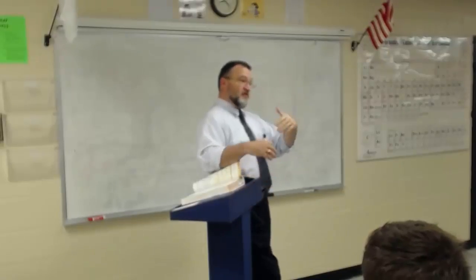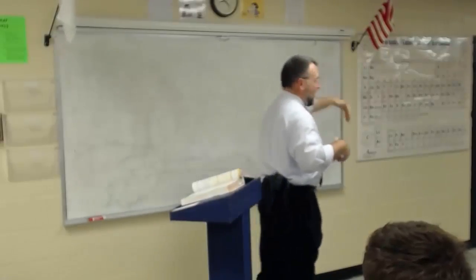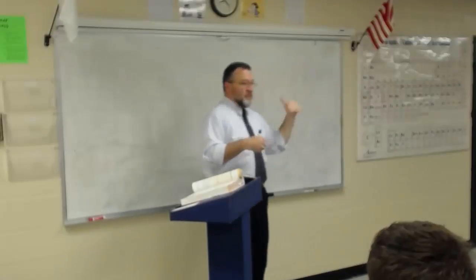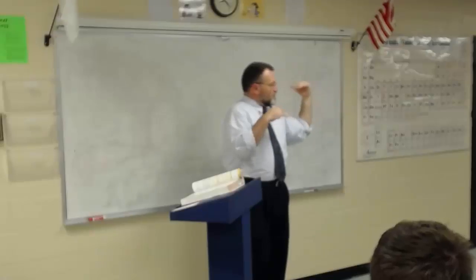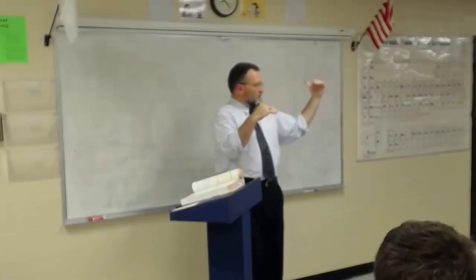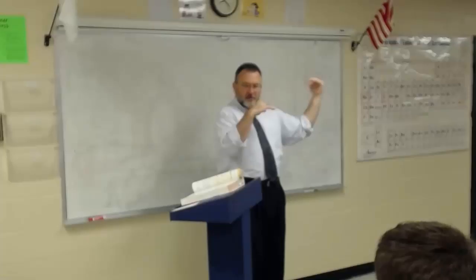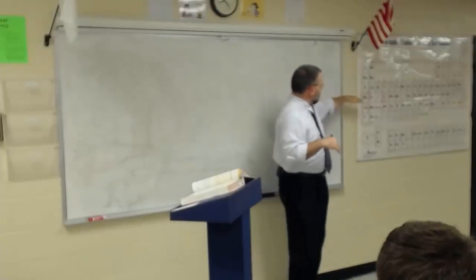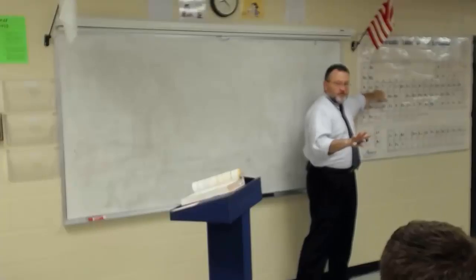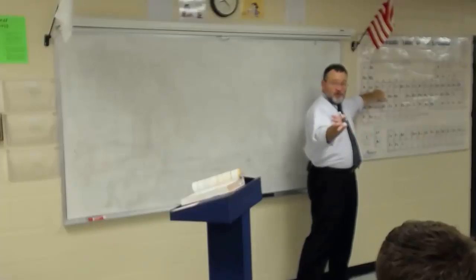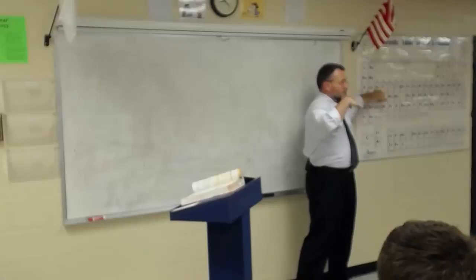Now, when we did the electron configurations, we got into the Ds and the Fs, not so much the Fs, but the Ds. But remember, when we started filling in the D orbitals, what was significant about their energy level? It was what compared to the S? Like say we're in the 4th energy level, 4s1, 4s2. This D level is what energy level? Right, it's 1 less, so it's the 3rd energy level.